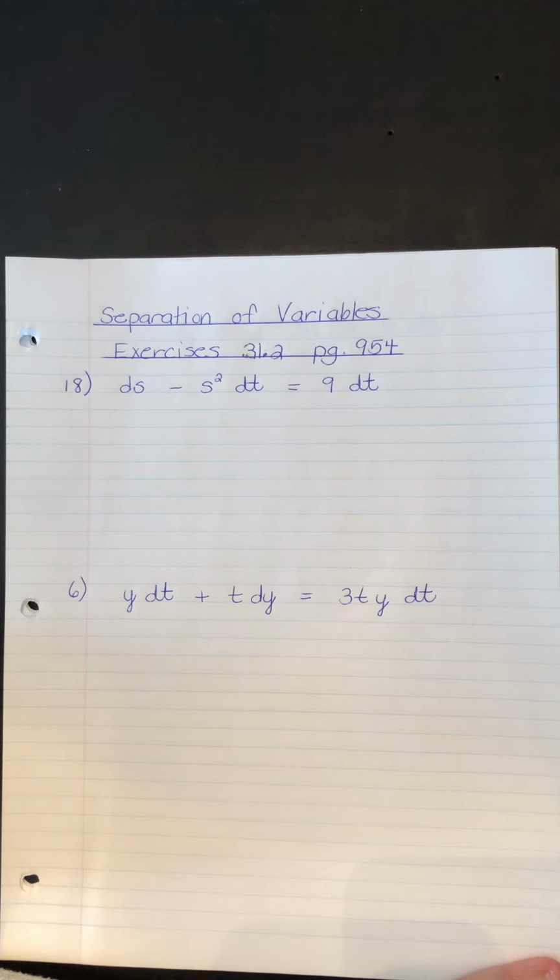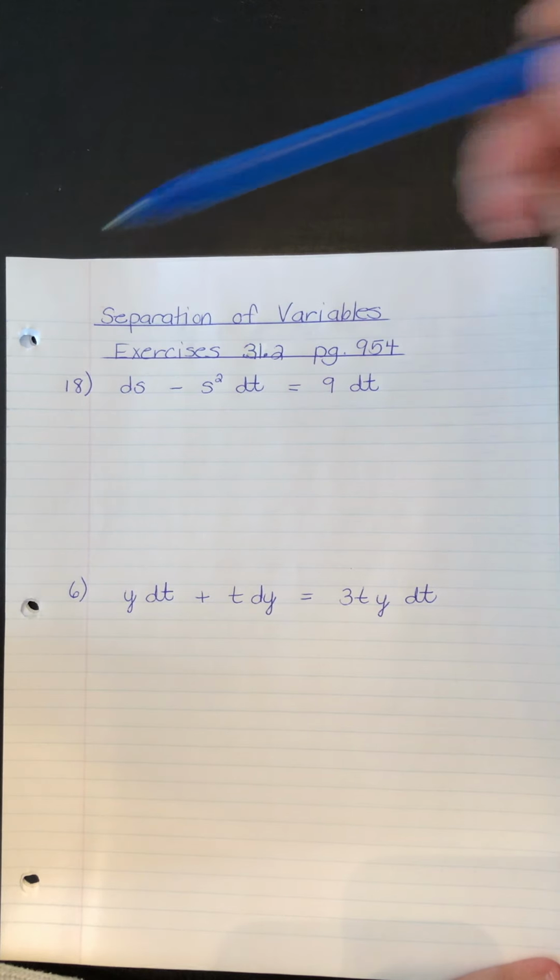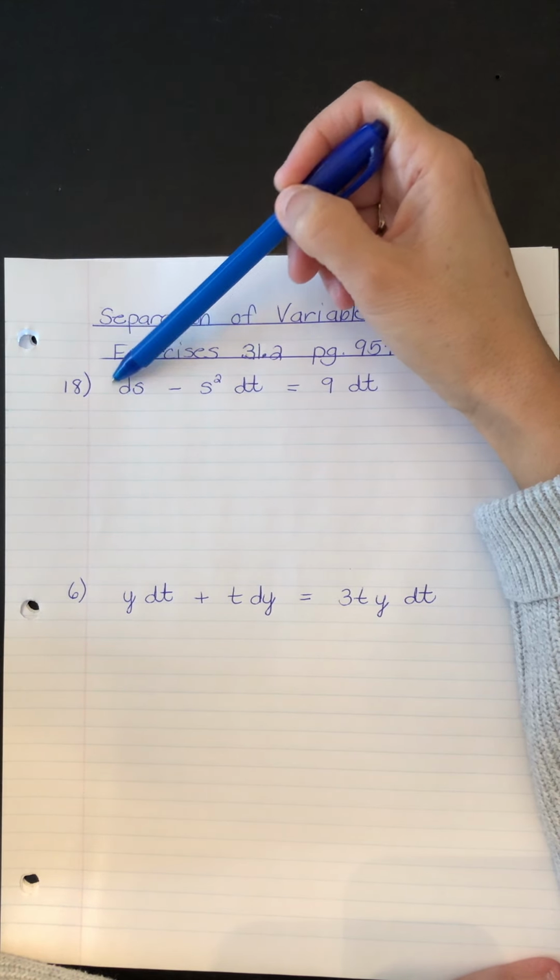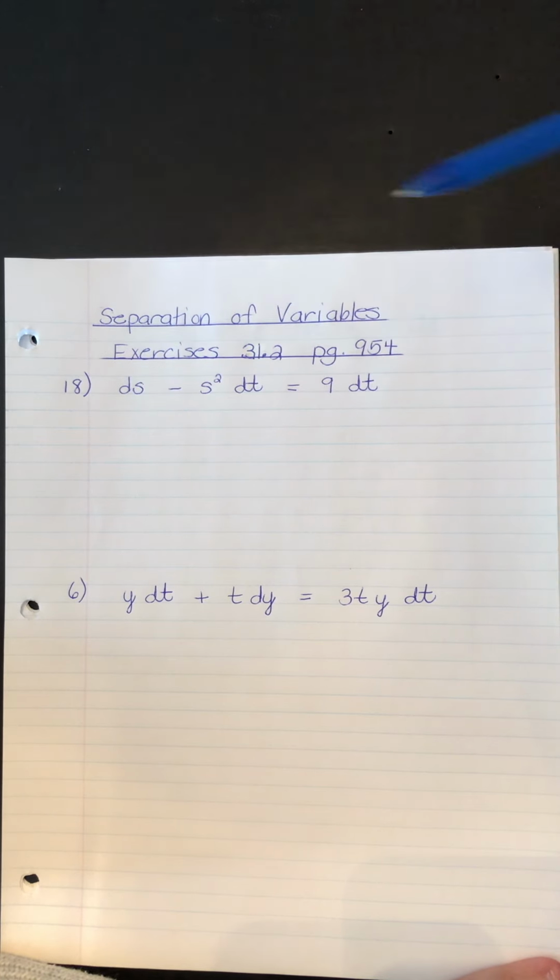So we have to take a look at each term and make sure that beside the differential ds, there is not the variable t. So here's the differential ds, and attached to it, we do not see the variable t. So this is in good shape.